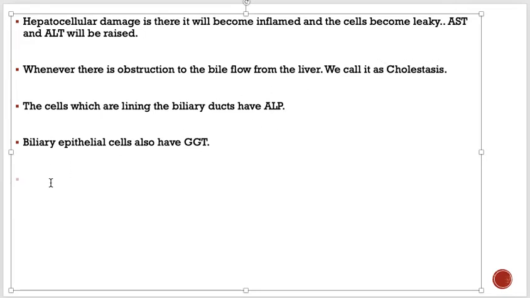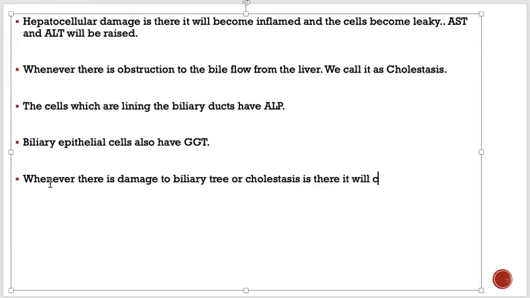So remember, whenever there is damage to the biliary tree or cholestasis, of course cholestasis is also damage, so stasis is there, it will cause a rise in ALP and GGT. Okay, so this thing is important.